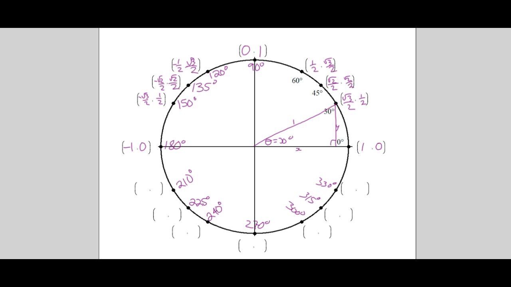Negative a half, right? So what's the coordinates? Well, it's negative root 3 over 2. The x values are the same. And it's a reflection in the x-axis, so the y value lost the negative sign. Negative root 3 over 2, negative 1/2.